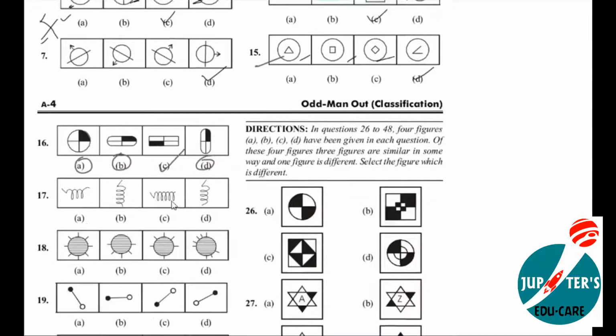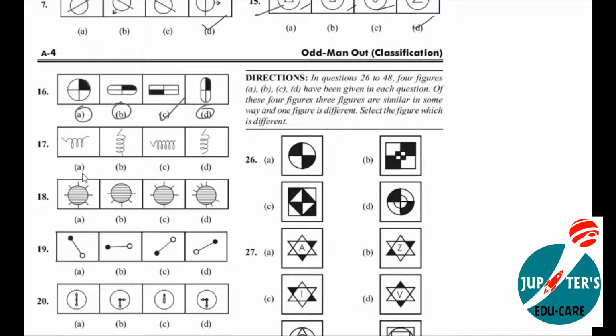Next, question number 17. In options A, B, C and D, we have to choose the different one, the odd man out. In option A, we have three turns in this figure. In option B, count 1, 2, 3, 4, so we have 4 turns.